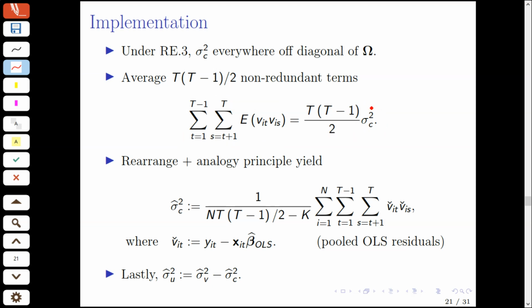Hence, if I rearrange this expression and invoke the analogy principle, I get an estimator of this variance, which we'll call sigma c squared hat. Now, this estimator is an appropriate average over all of these terms upon replacing the expectation with an average. Also, since we don't observe the composite errors, I've replaced them by the pooled OLS residuals.